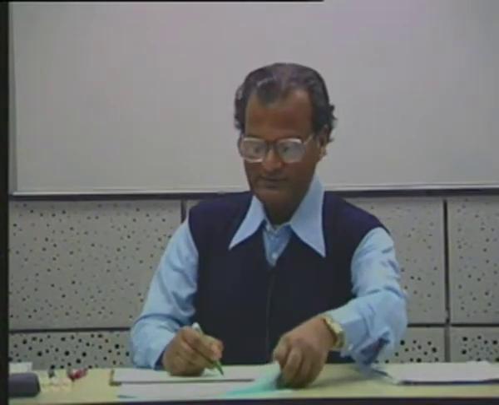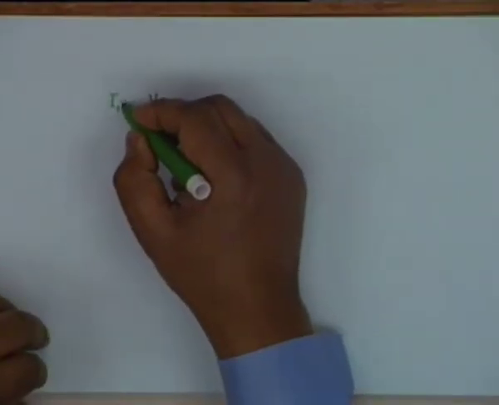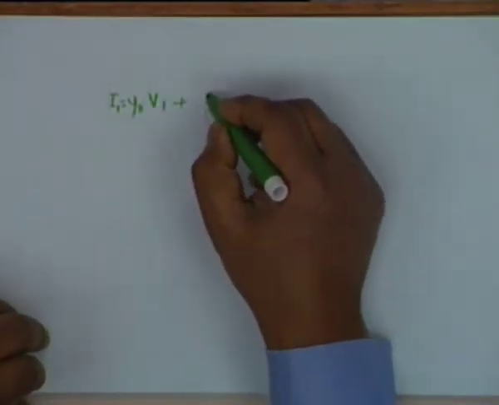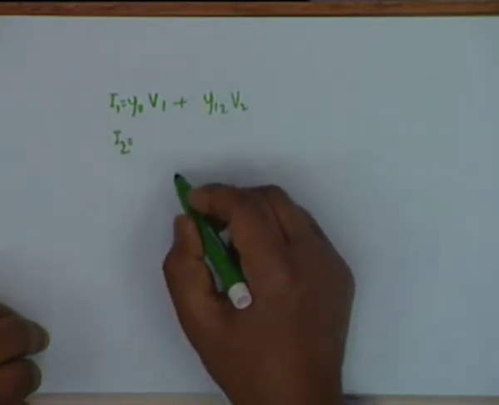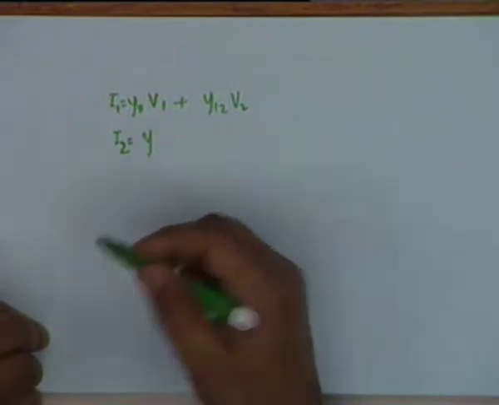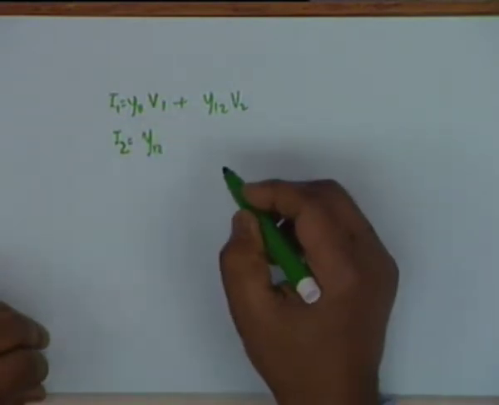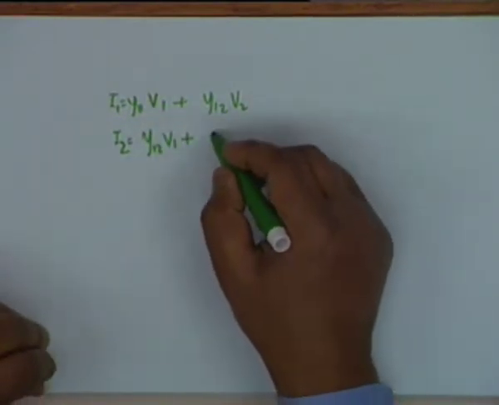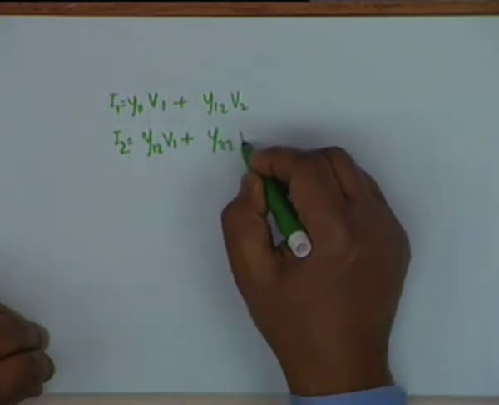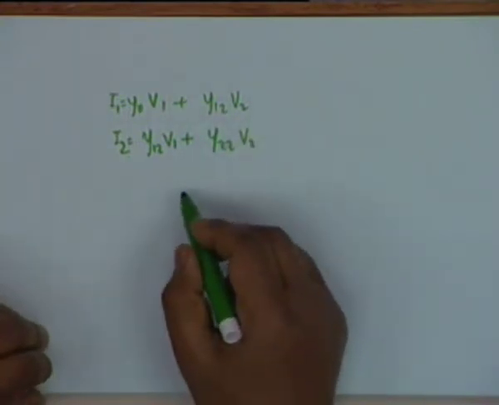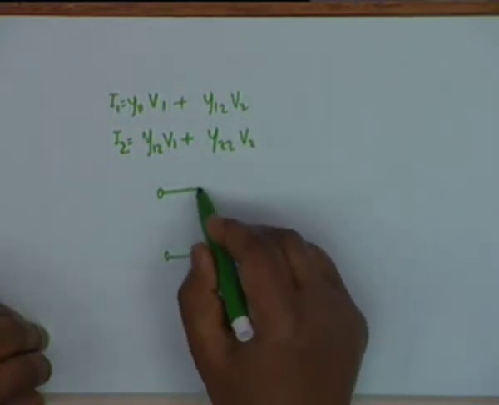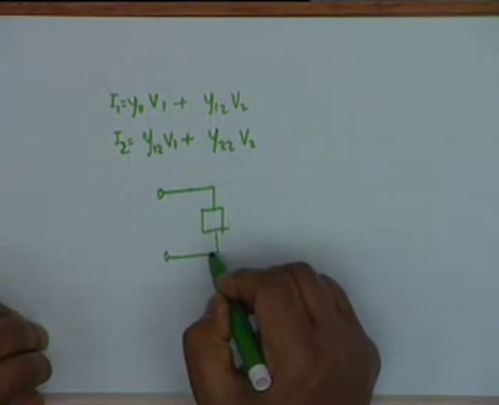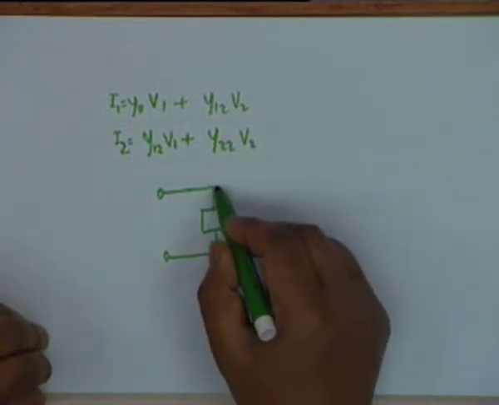If I write these equations again, I1 equal to Y11 V1 plus Y12 V2, and I2 is equal to Y21, which is equal to Y12, so let me write Y12 V1 plus Y22 V2. It is very easy to show that these two equations can be represented by a network looking like a pi. All right.